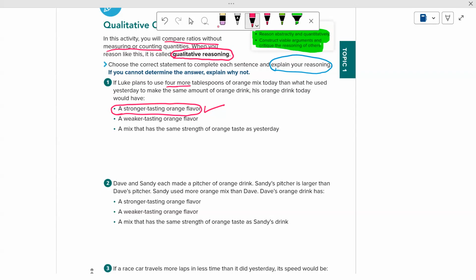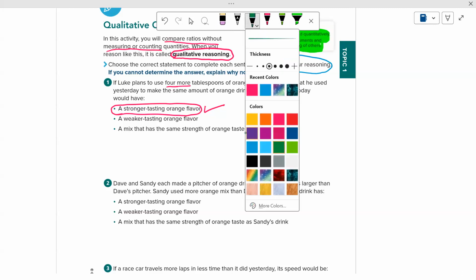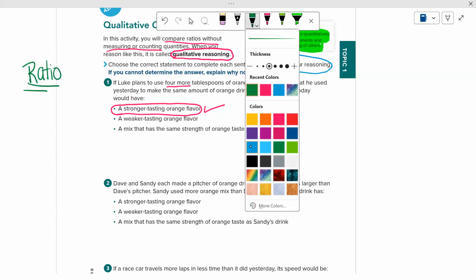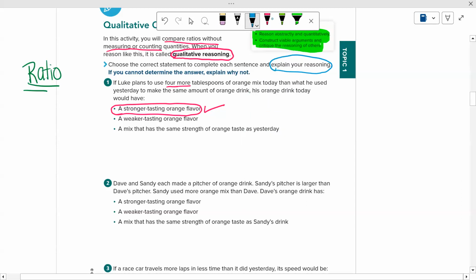We're going to use a word here, and I really want you to make note of this word. You've probably seen it. We are going to use the word ratio on our notes on this page. So that is a very important word. A ratio can look like a fraction, but it is not necessarily a fraction. It is comparing 2 things.